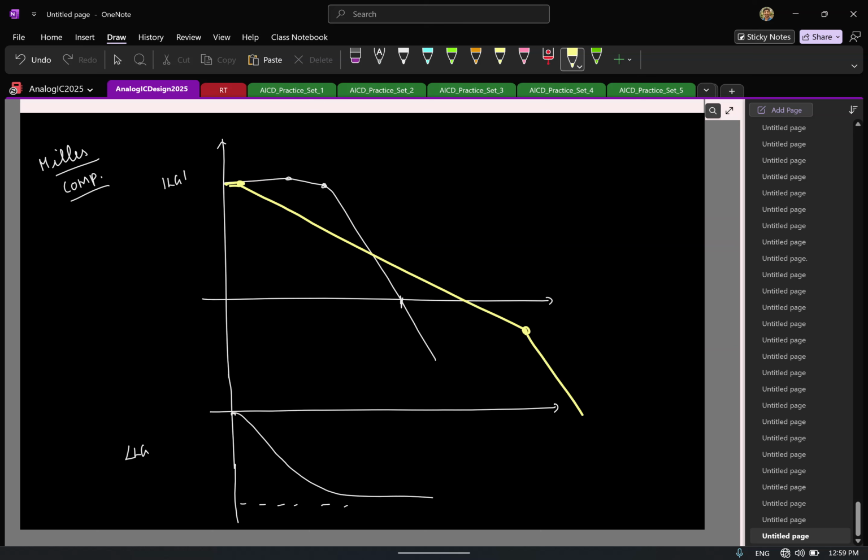Just drawn it for rough sketch, not to be taken literally. If you want to show it clearly, it should probably look like this. So now if I try to sketch the phase plot, due to this low frequency pole, my phase will start from 0 and reach which point? To reach minus 90, and after this the phase will go to minus 180. Now if you look at the phase margin, I have sufficient margin here, so I am safe. So that's how this is happening.